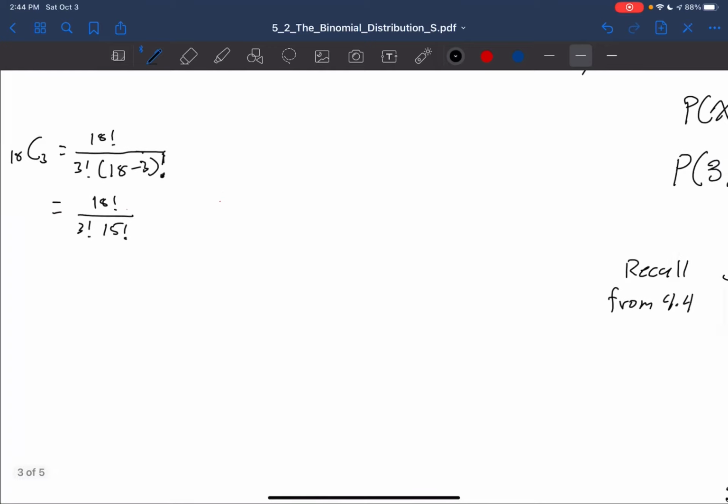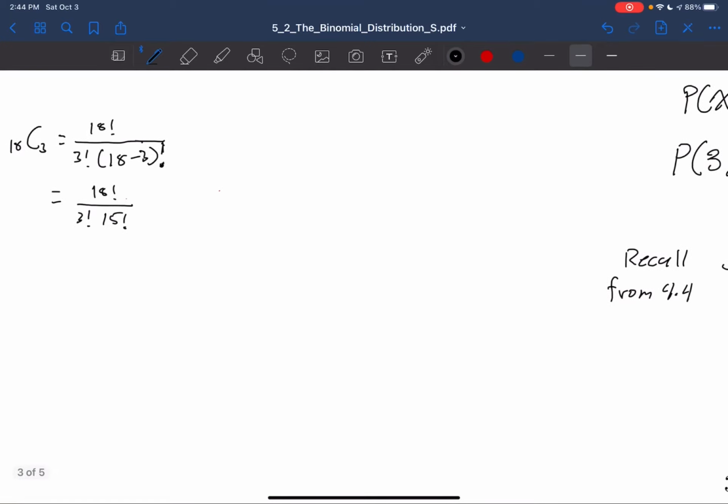But let's say the calculator is giving you an error. You could rewrite this to make it a little bit easier. You can rewrite 18 factorial as 18 times 17 times 16 times 15 factorial, divided by 3 factorial times 15 factorial.